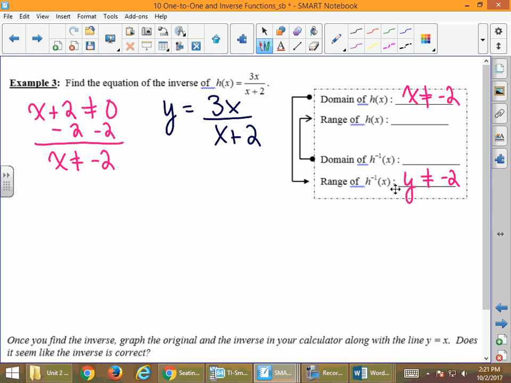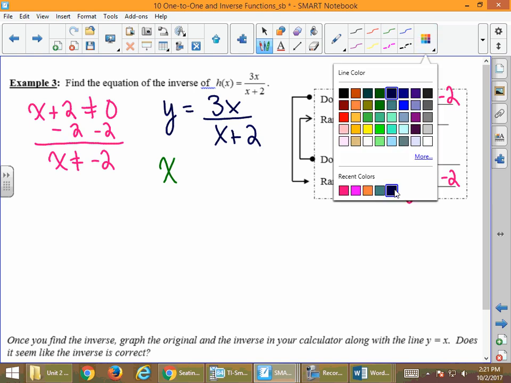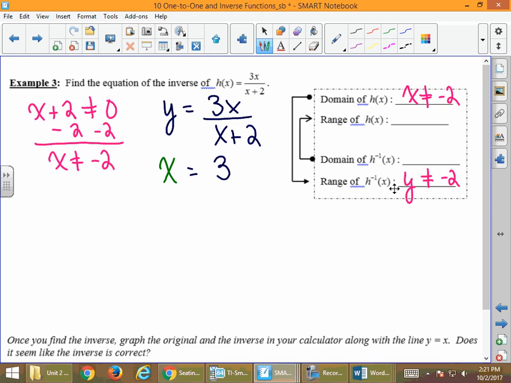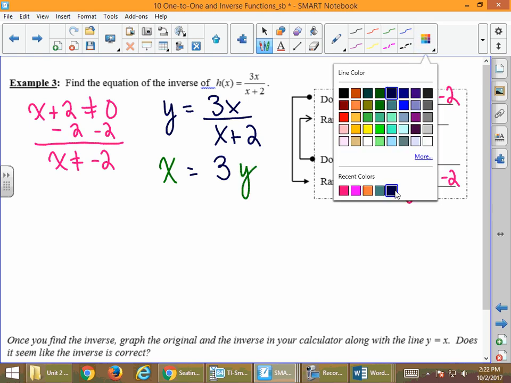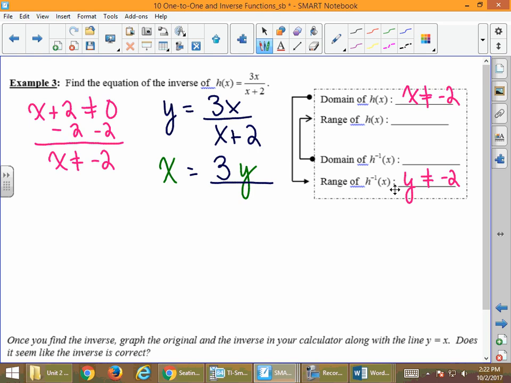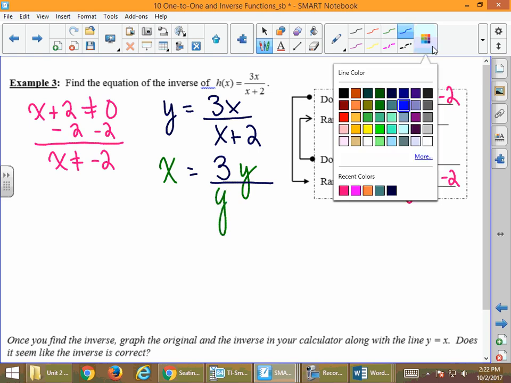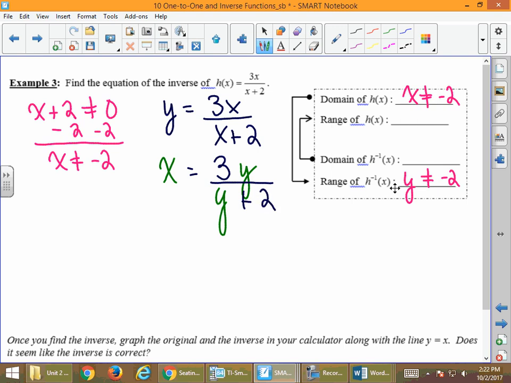So x is going to go where y went, y is going to go wherever x is. So this is going to be x equals 3y over y plus 2.